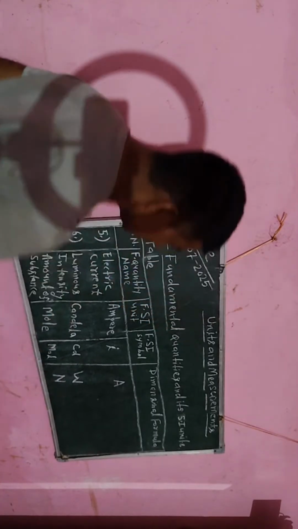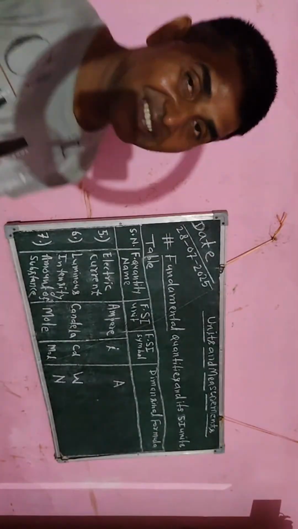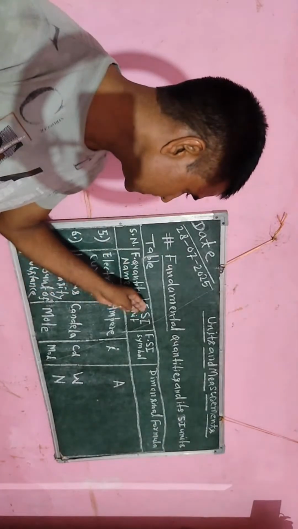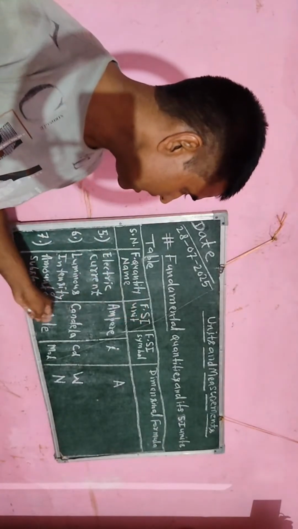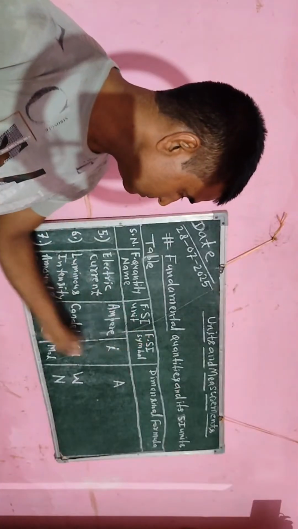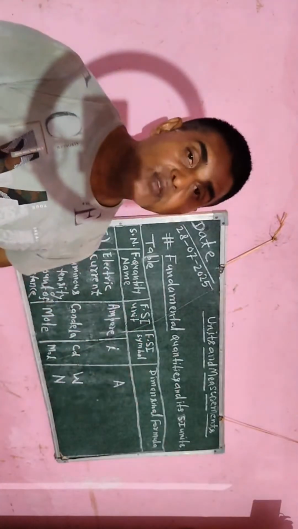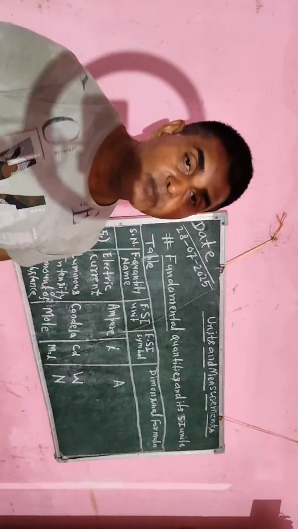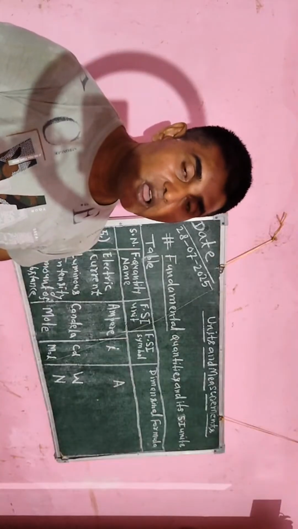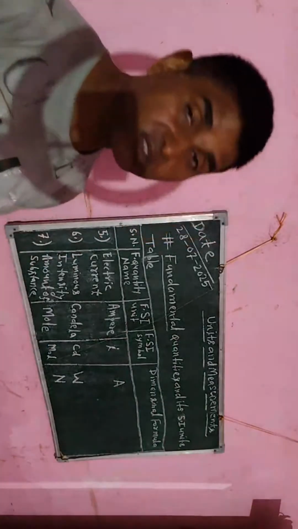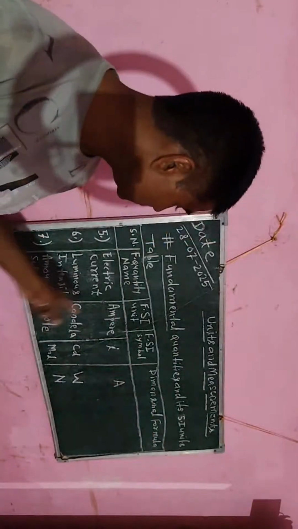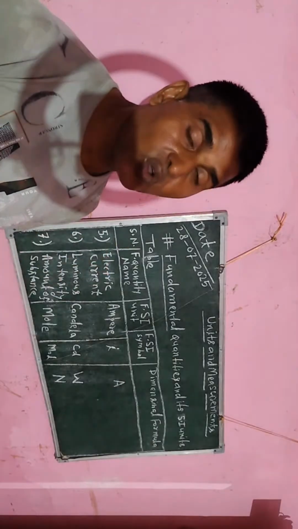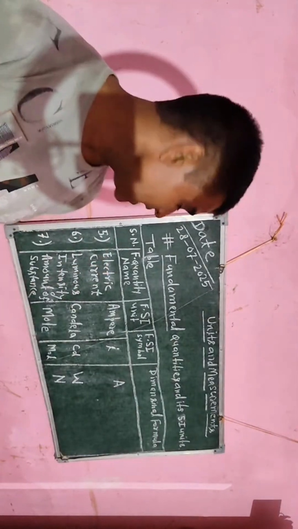So these are the 7 fundamental quantities named, and corresponding to them I have also written the fundamental SI units, the fundamental SI symbols and also the dimensional formula. So every student who is studying in English medium, in CBSE board or any board that belongs to English medium, can learn easily with the help of this table, because all the information I have summarized in one place.